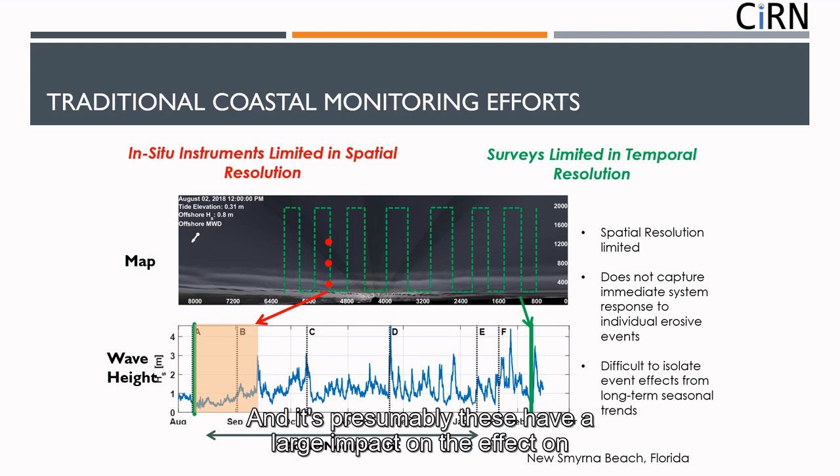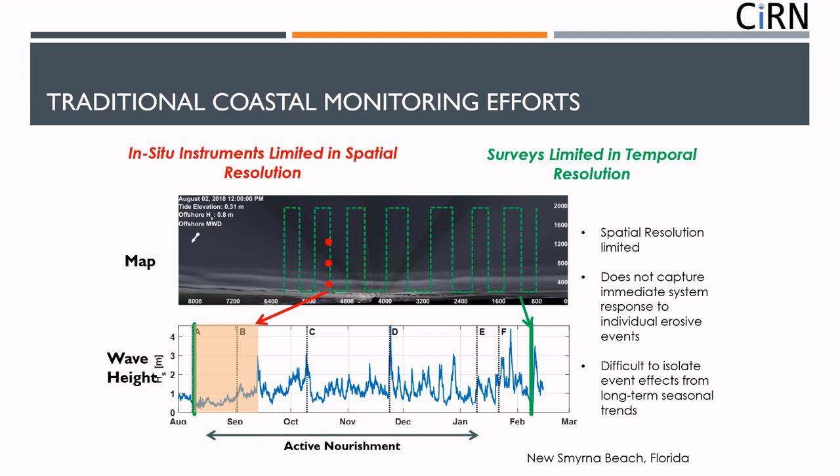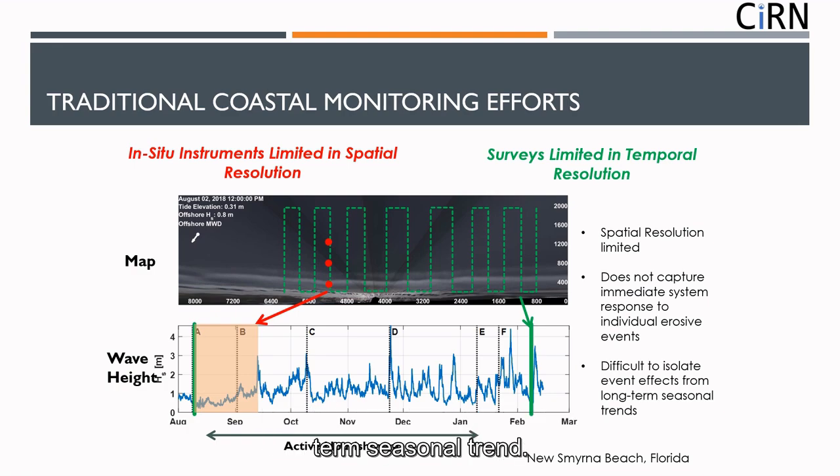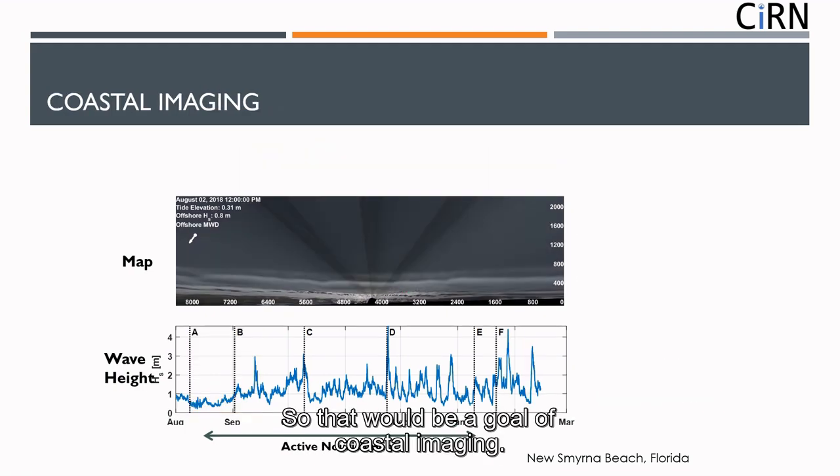And it's presumably these have a large impact on the effect on the overall nourishment and on the shoreline response. And with such limited sampling of the bathymetry, it's hard to isolate those important driving events from just a long-term seasonal trend. So that would be a goal of coastal imaging.